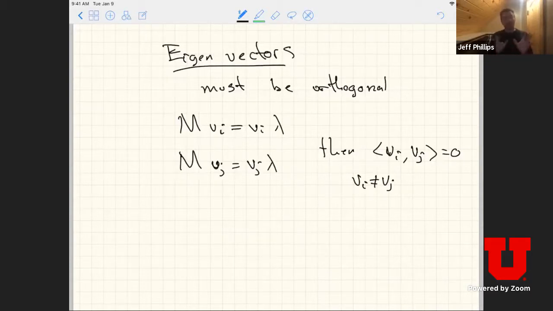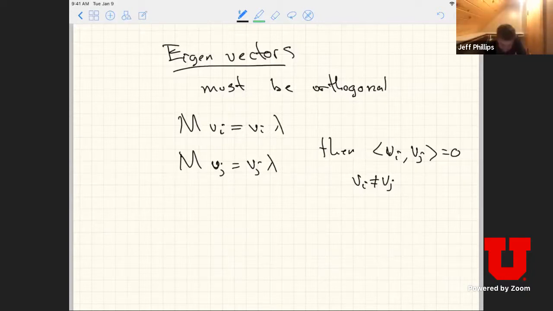So I can recover any other vector by multiplying by scalars of these vectors, and I have an orthogonal basis if all the vectors in it are orthogonal to each other.